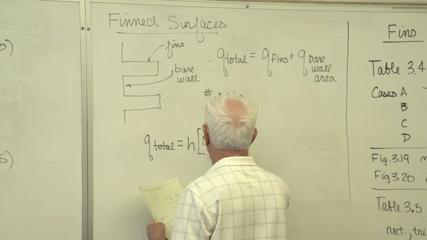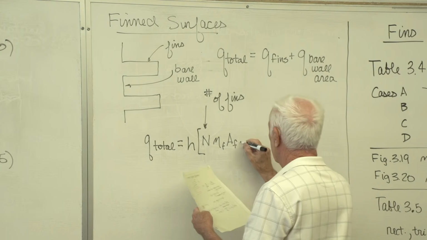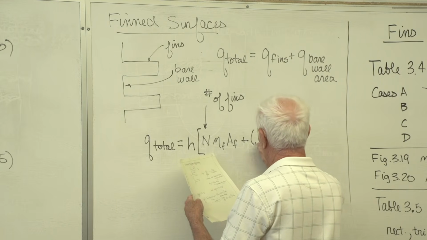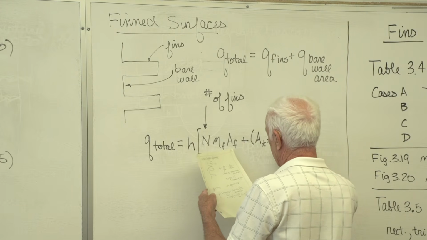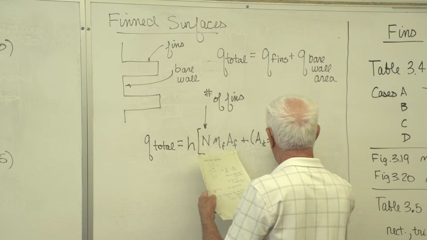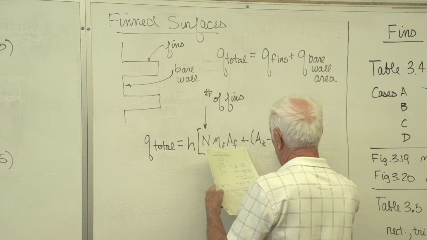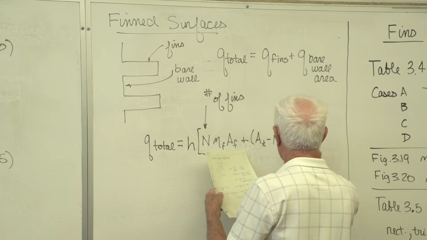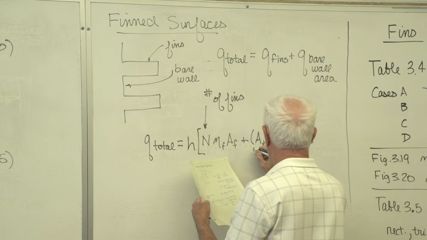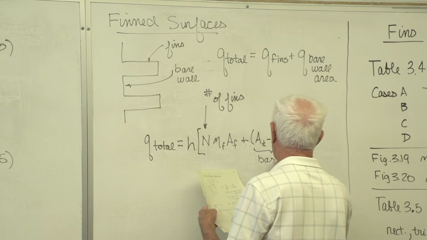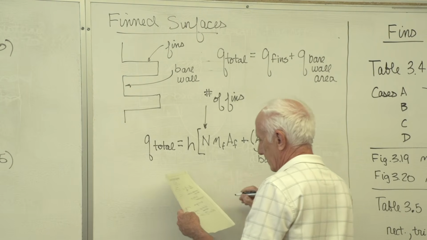Times the efficiency of one fin times the area of one fin, plus the bare wall, which is A total minus N times the area of the fin base, theta B. This is the base area. Okay, I think I've got all that in there.